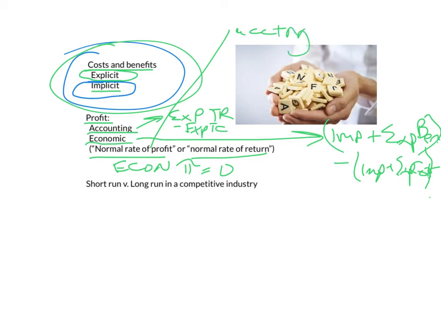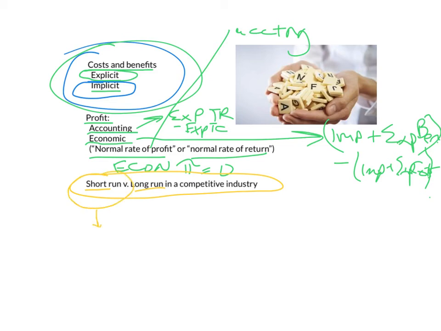And that gets us to the last concepts that are pretty important. Short run versus long run in a competitive industry. Just in a competitive industry, in an imperfectly competitive industry, which is most of what we see out there, some positive rate of economic profit might be sustained over time, might be. But in a competitive industry, there might be short run profit.